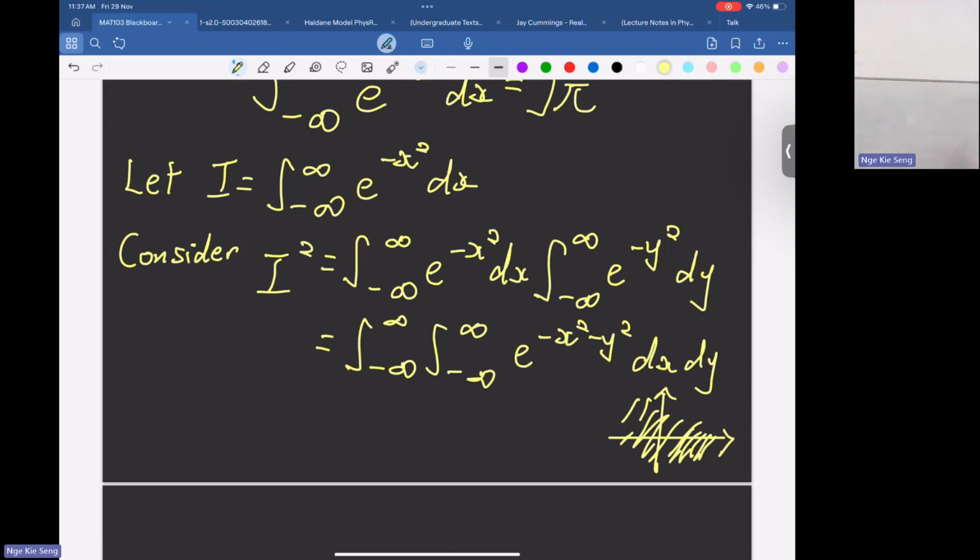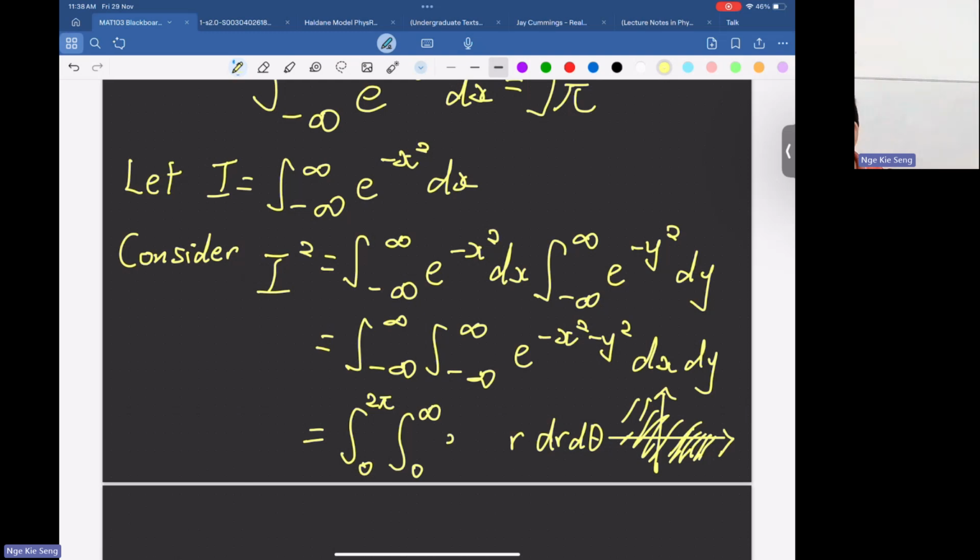If you describe the plane using r and theta, what's the variable you should use? So you have dr d theta. Obviously, you need to multiply by r. But what's the range of the radius in this case? 0 to infinity. But your theta is finite. Just 0 to 2 pi is enough to cover everything.